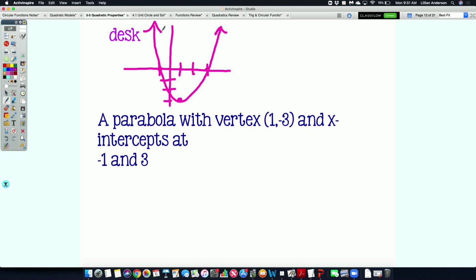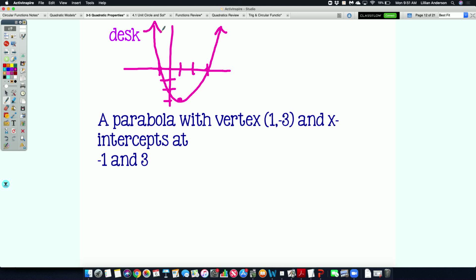Now from this, I can write my equation. The easiest way to probably write the equation for this would be using x-intercept form, or factored form. I apologize. Factored form, because you are given your x-intercepts. However, you are given your vertex as well, so vertex form is another option.